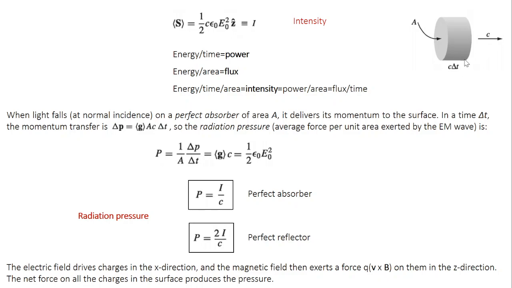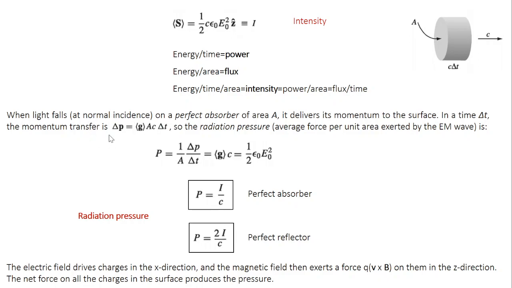It covers a distance c delta t. So if the average value of the momentum density is g, then the total momentum transferred between the wave and the medium is momentum density multiplied by the corresponding wave volume, A c delta t.